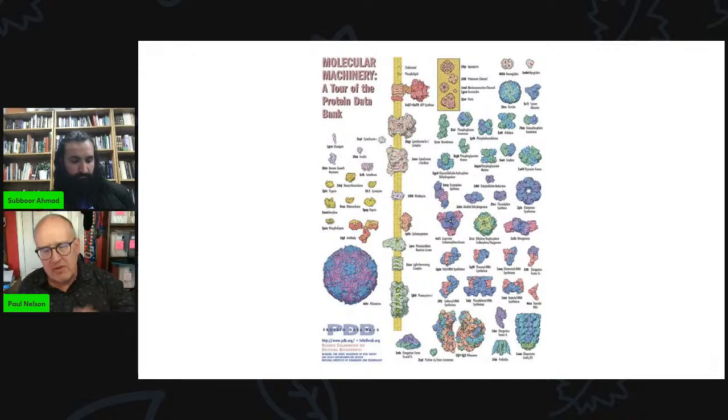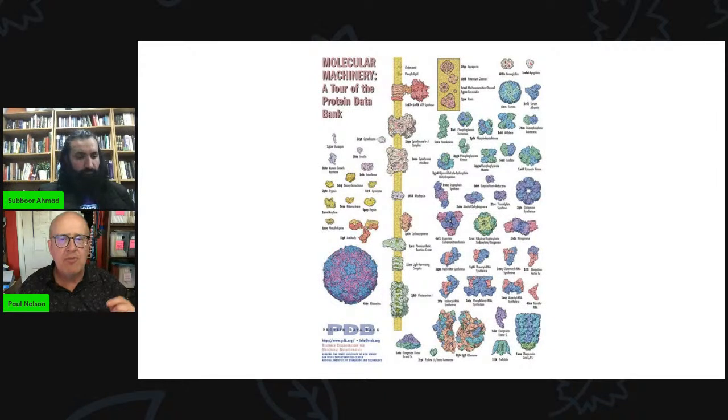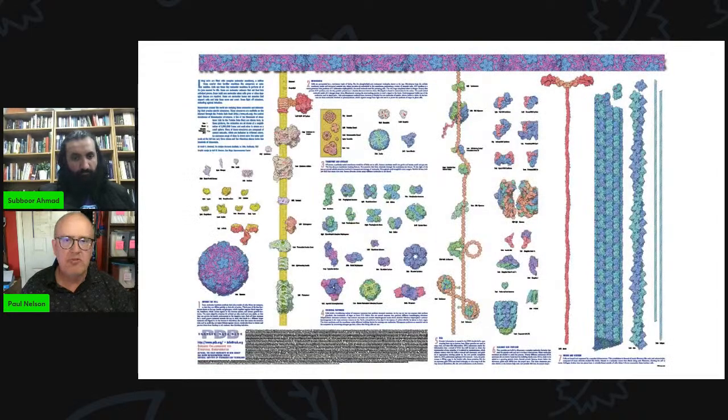And what should just jump off the page at you is how different they are in terms of their shape and size. The reason for that, of course, is go back to the functions they're performing. They're not doing the same thing. Ergo, they don't have the same three-dimensional form. They don't have the same size. They don't have the same partners in terms of the functions or the tasks that they will be doing.